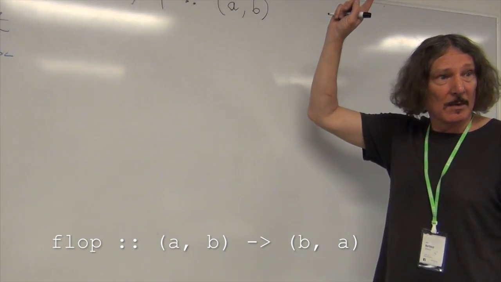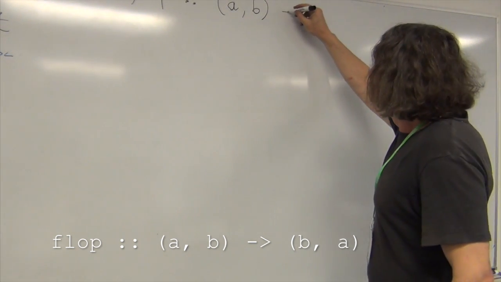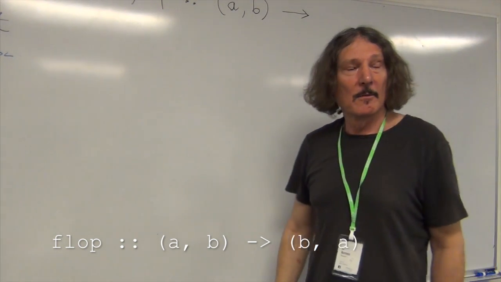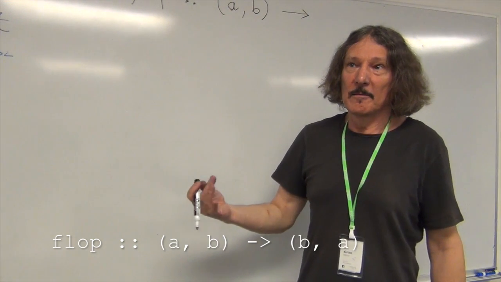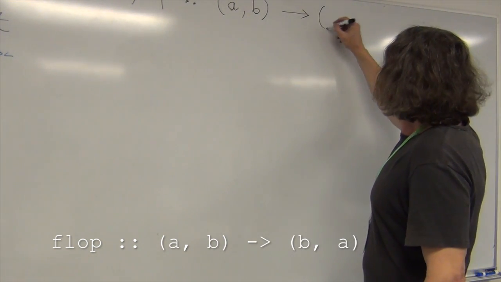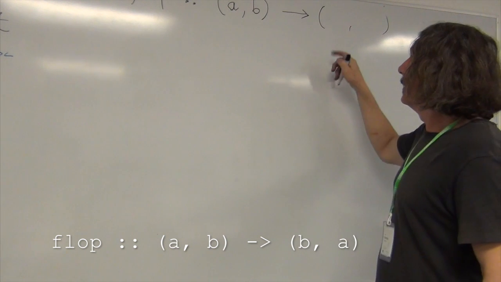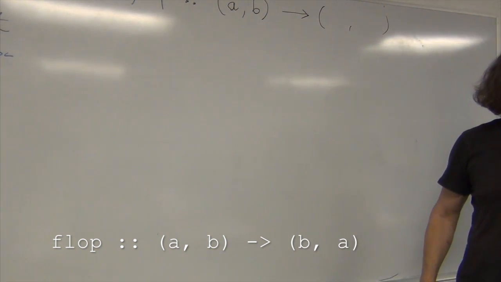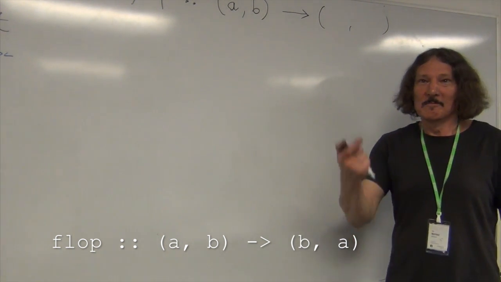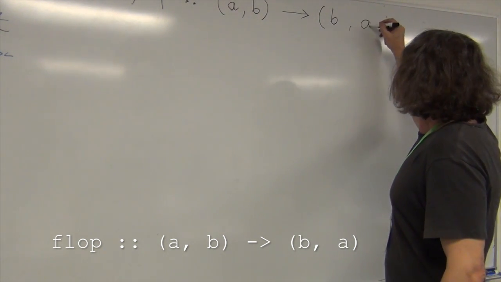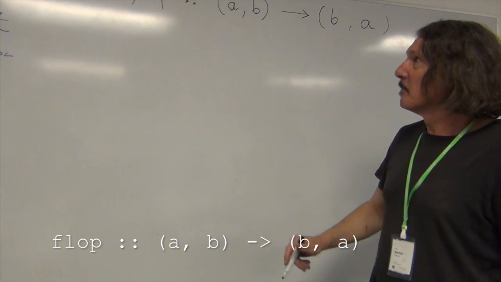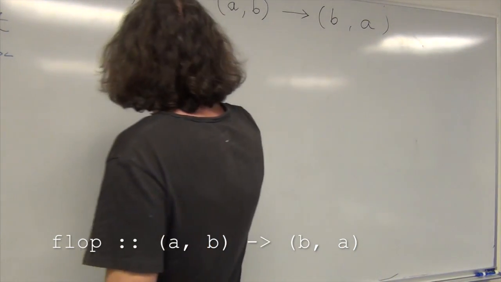It takes one argument, a pair, and returns another pair. But what are the types? B and A, because we are swapping. Okay, how can we implement it?